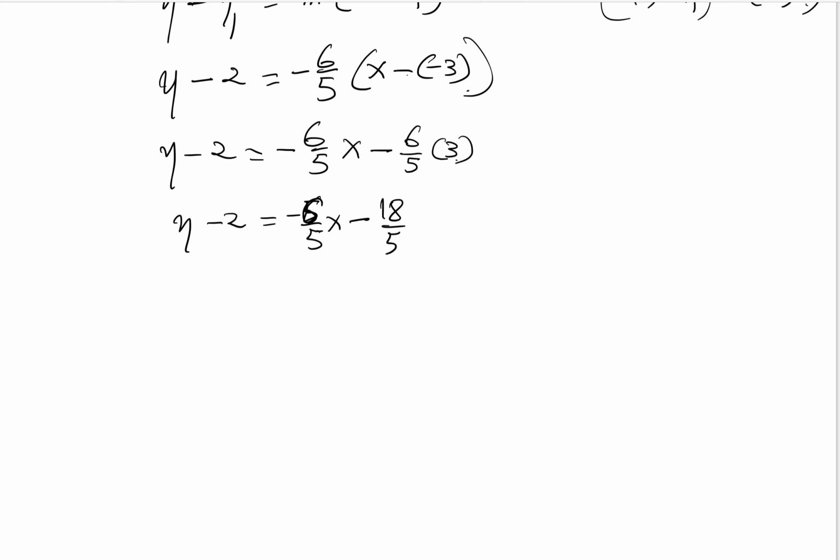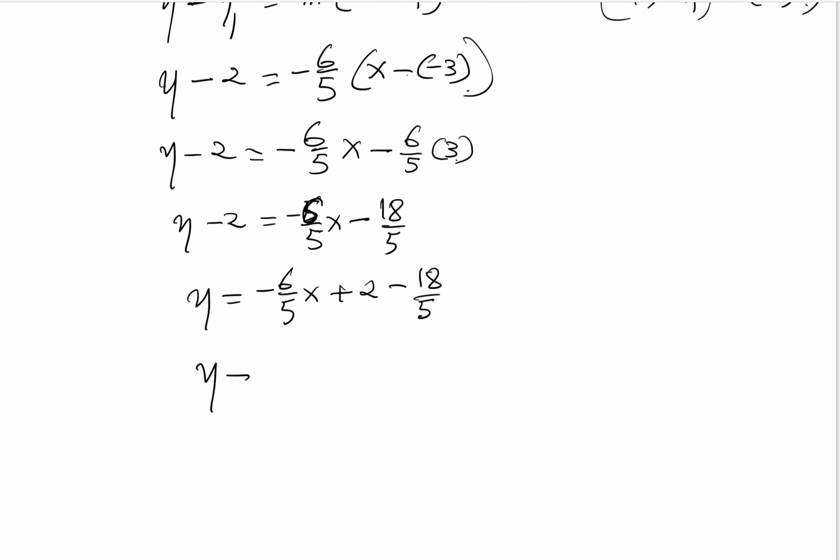And now you can move the 2 outside. You can have y is equal to -6 divided by 5 x plus 2 minus 18 divided by 5.